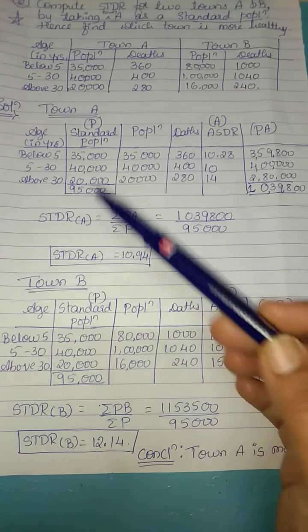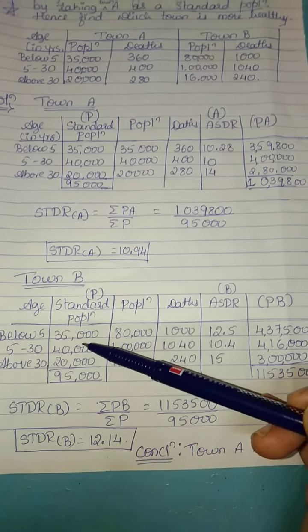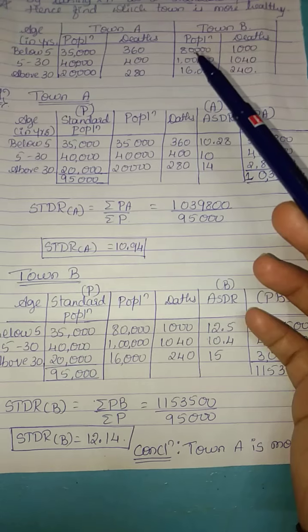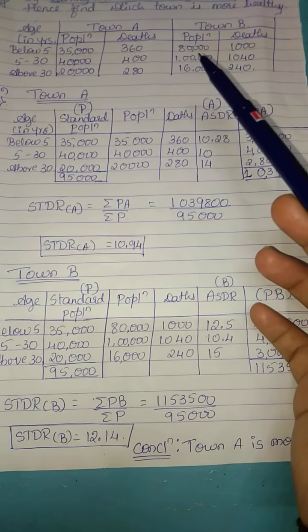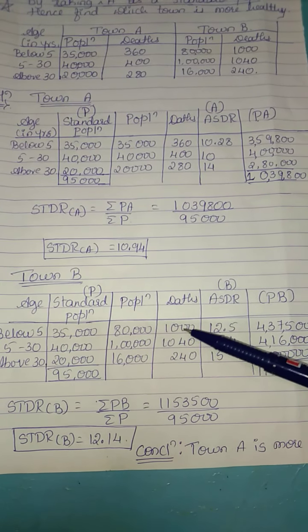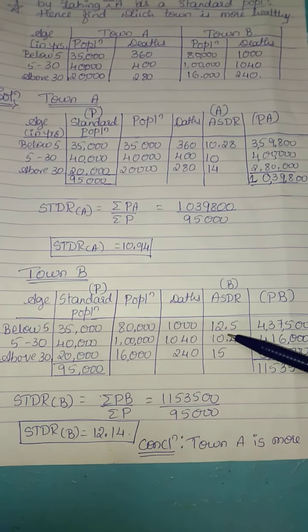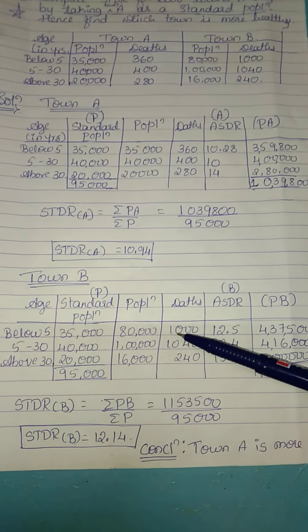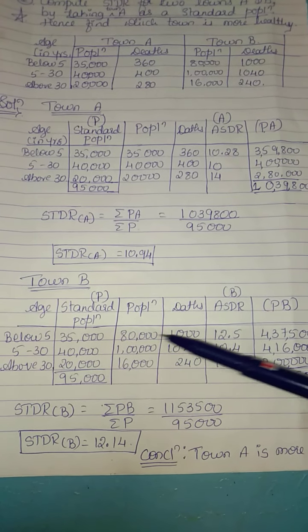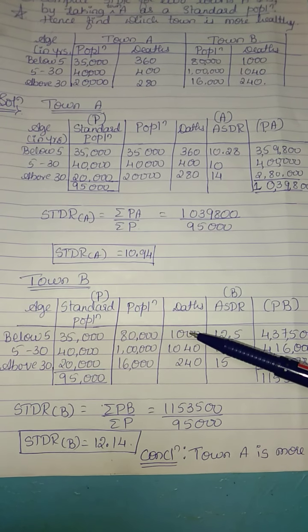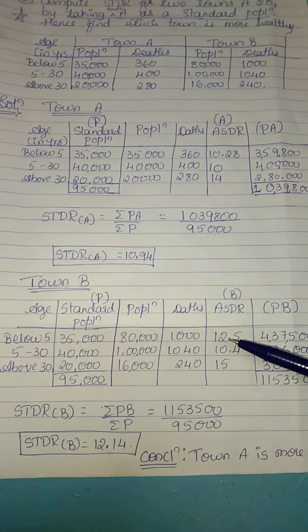I have written town B's population and deaths here. I have calculated ASDR for this: 1000 divided by 80,000 into 1000. You will get 12.5.